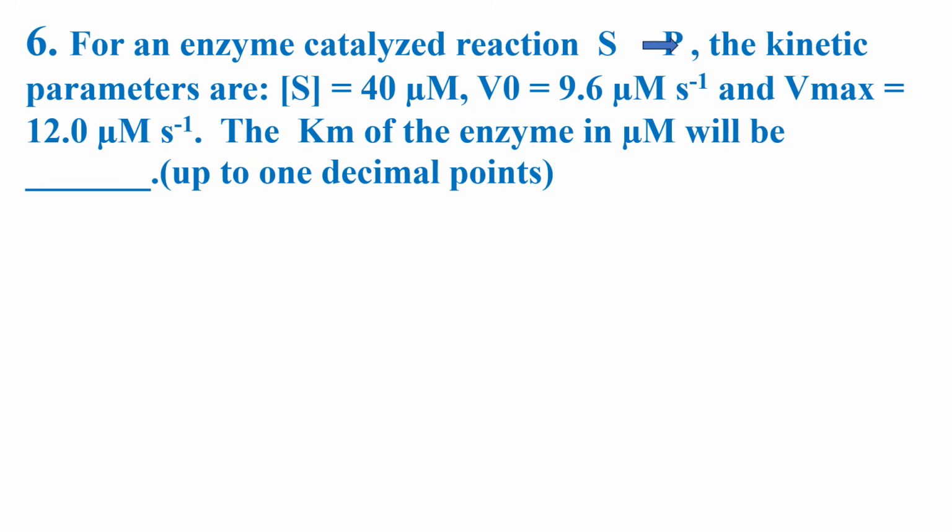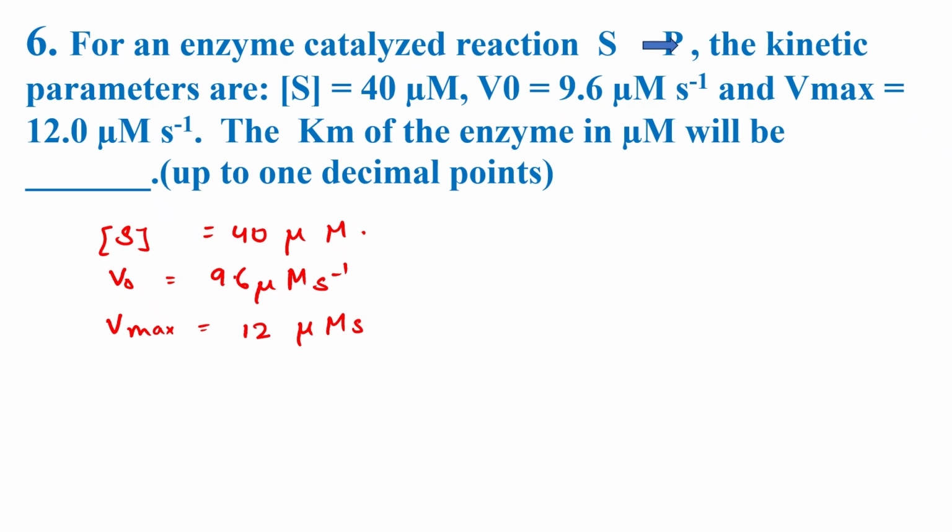An enzyme catalyst reaction, substrate to product, the kinetic parameters, so given S is 40 micromolar, then V naught is 9.6 micromolars per second, V max is 12, and we have to calculate the Km value.